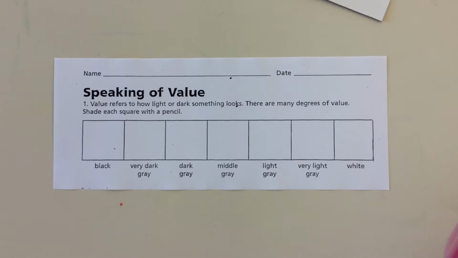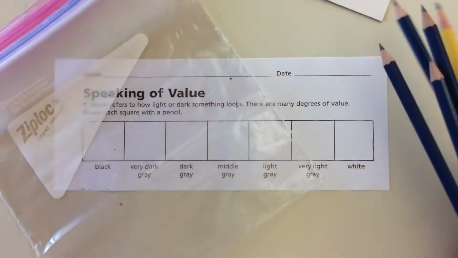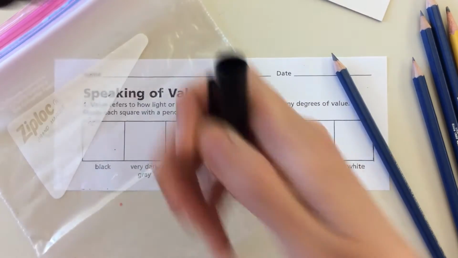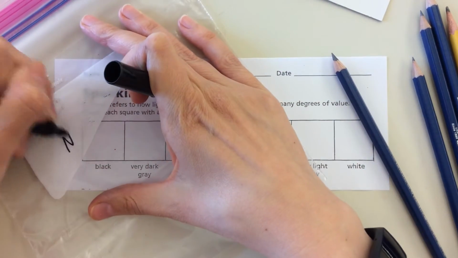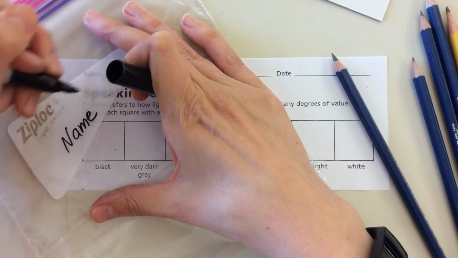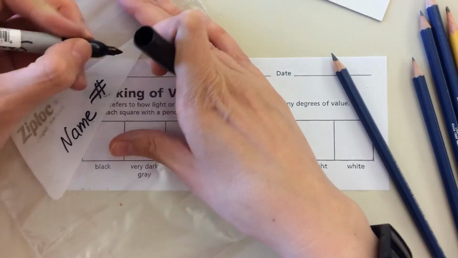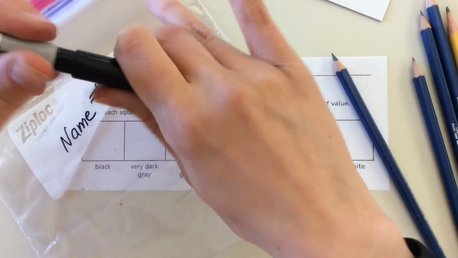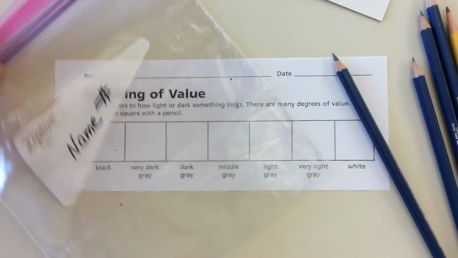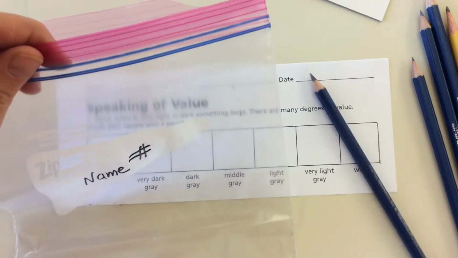But if you were in my class right now and you have access to these, I would like you to grab a Ziploc bag of the pencils, and write your name, your desk number, and your class on there. Then please make sure that you have the following pencils in the bag.